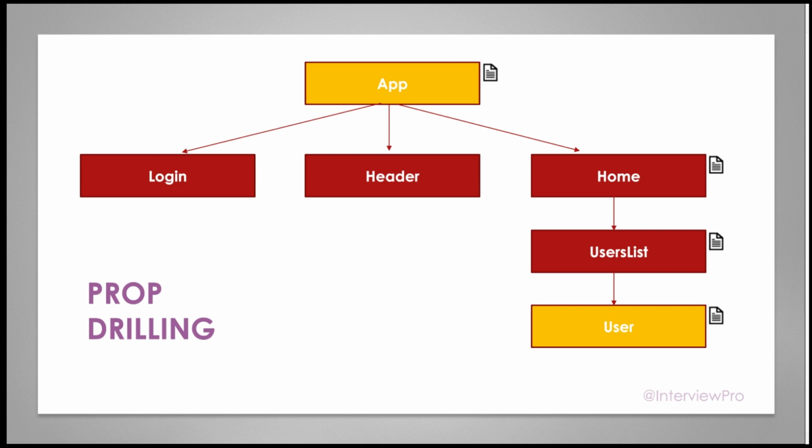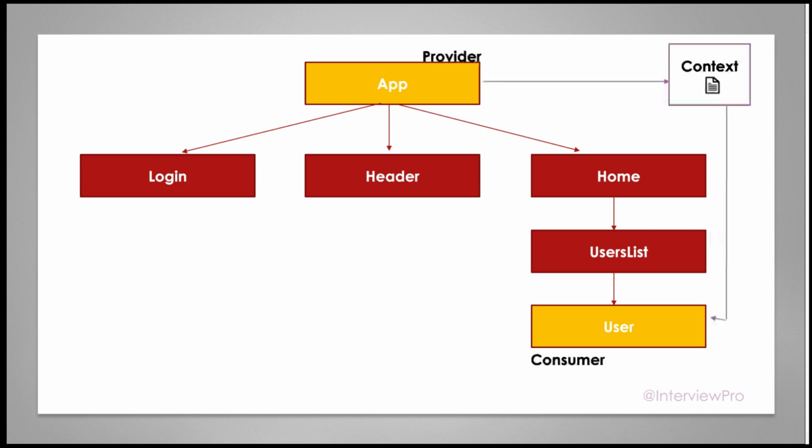And to avoid sending too much data to all the unnecessary components, we made use of the concept provided by React called context to manage data globally and access it in any component in the component tree. First, we created a context, then we added a provider in the app component by passing the value isAdmin to this provider. We needed that value in the user component, so we used a consumer.